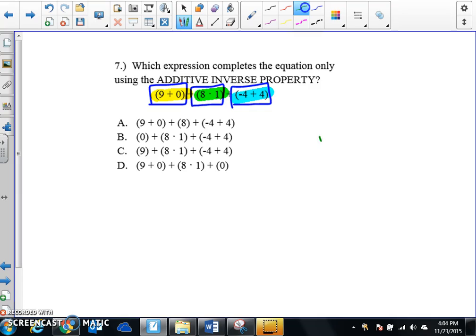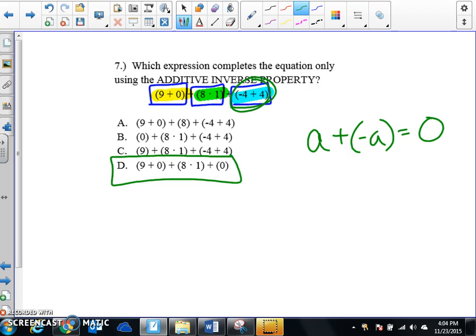Remember, the additive inverse property says any number plus its opposite gives me 0. And the only one that does that is this blue group. So now I look at the answer choices and I see which one is correctly simplified, and it's D, because negative 4 plus 4 is 0.